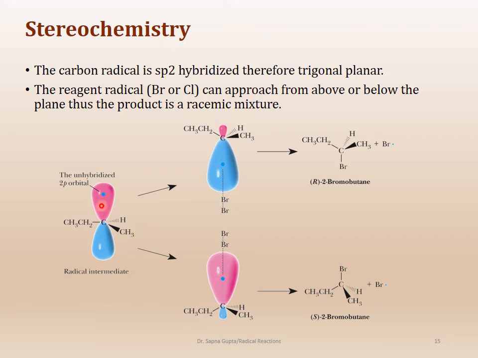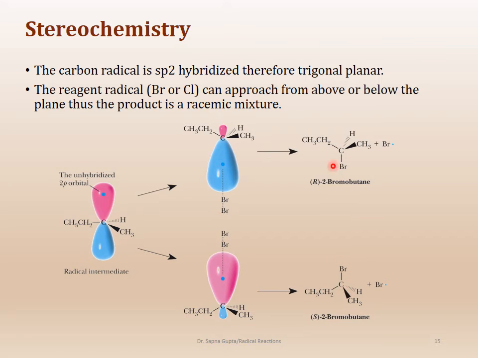This is what it looks like in the intermediate form, which means that now the bromine can come from either below or from above, and so both can happen. So if you are generating a chiral center, then you will get a racemic mixture for the product.